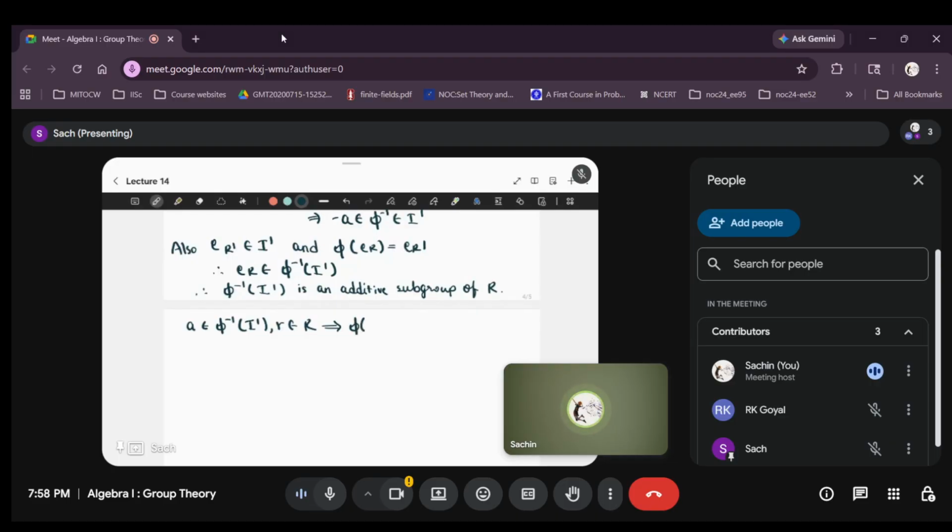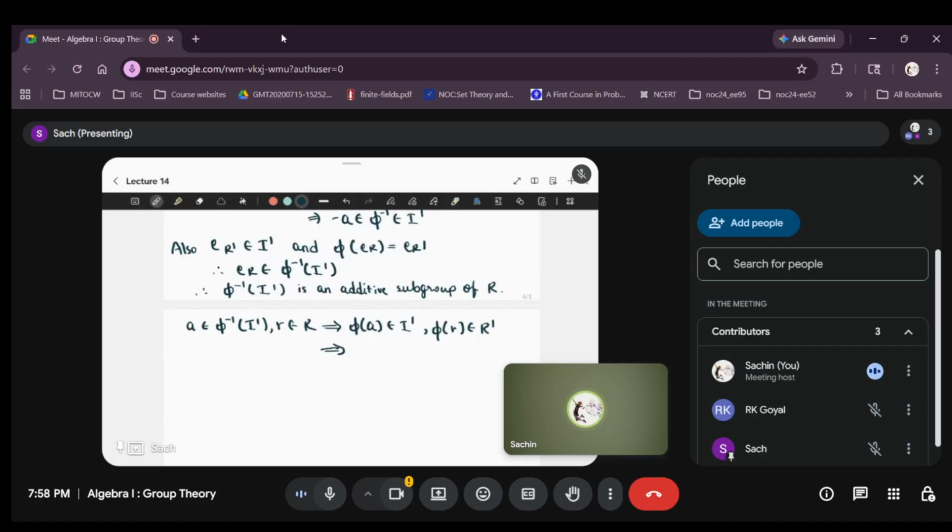This would mean that phi of A is in I prime and phi of r is in R prime. R prime is the codomain. The image of any element of the domain is in the codomain.